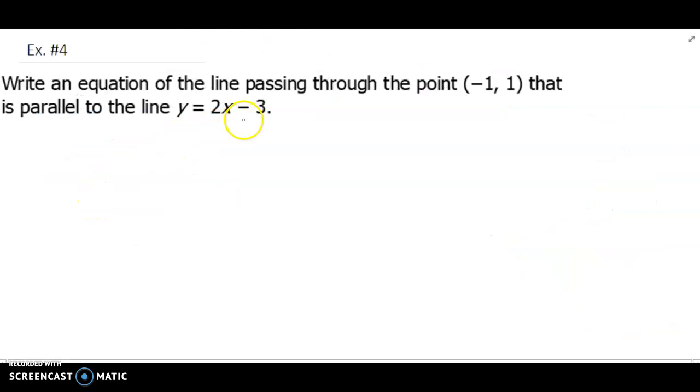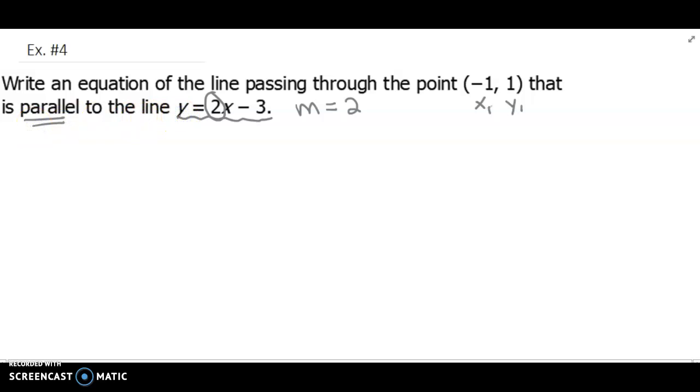All right, let's do another one. Now this one's a lot easier because this is already in my slope-intercept form, which I like. So we could very easily pull out my slope. So the slope of this line is 2. Now I want to write an equation of a line that passes through this point. So here's my x1, my y1, that is parallel to this line.